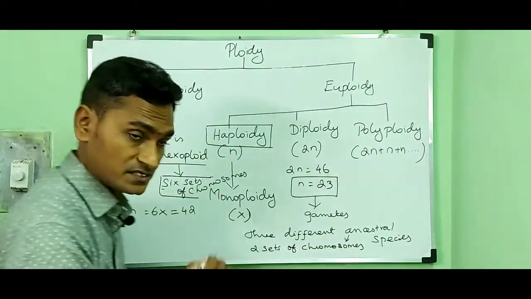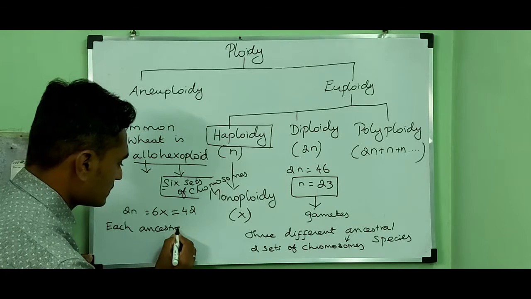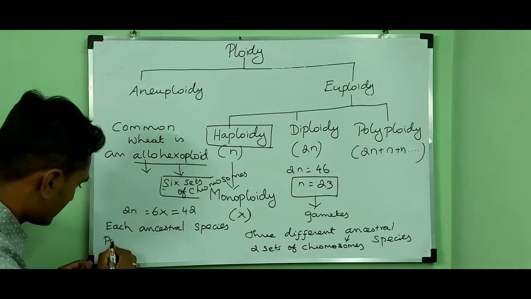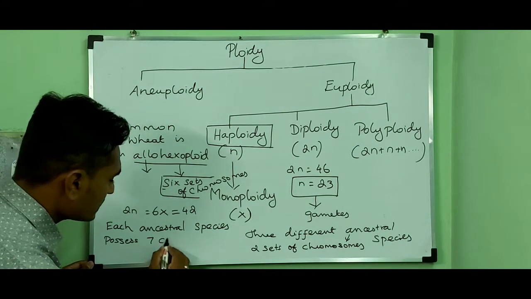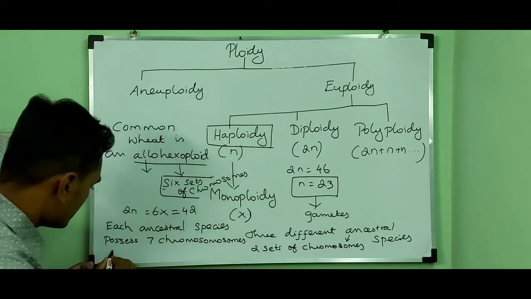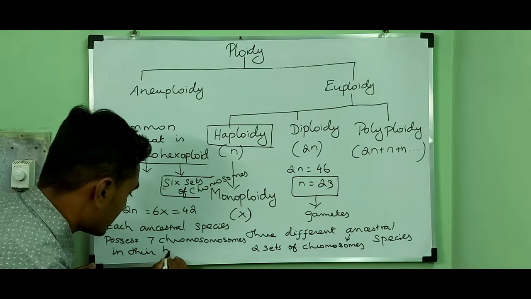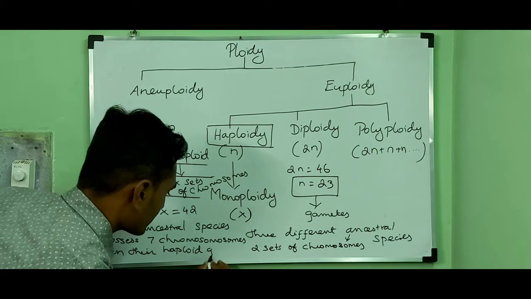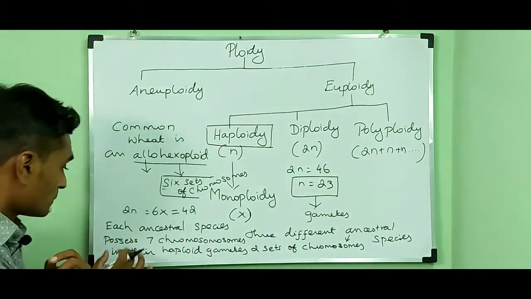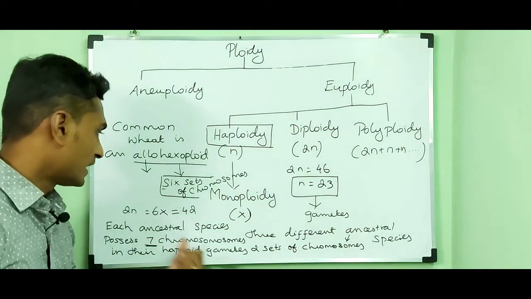Each ancestral species possesses 7 chromosomes in their haploid gametes.